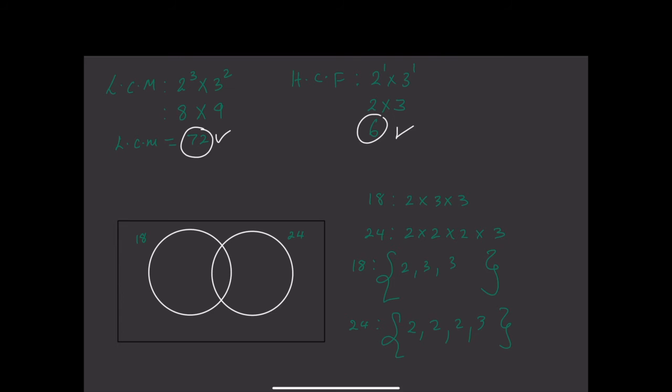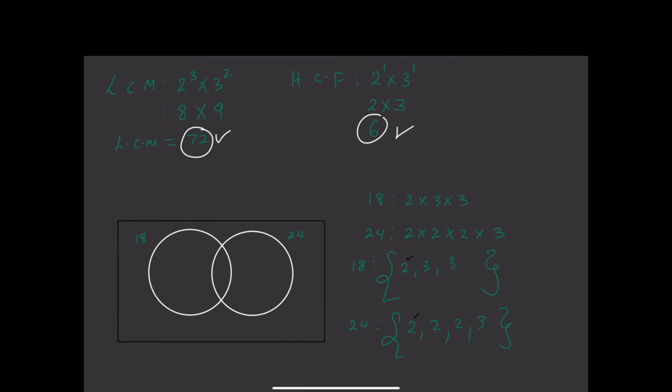So first up, we fill in our intersection first. So what we do is have a look at the values that are in the set for 18 that are also in the set for 24. And clearly we can see that we have a 2 here and a 2 here.